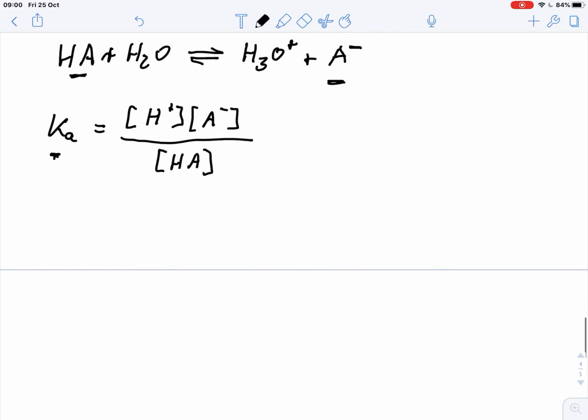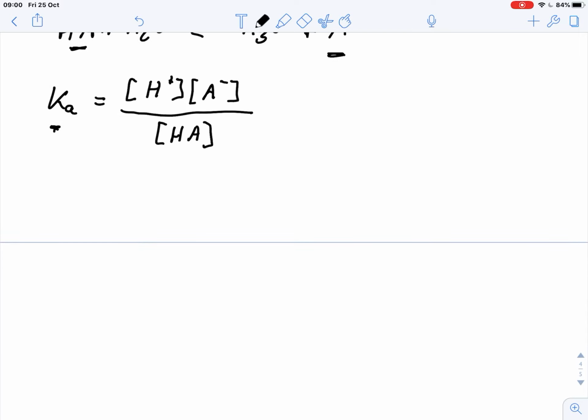Now what we can do is try and figure out what our proton concentration is here, because we need the proton concentration in order to calculate pH. So we would use pH equals negative log, just as a reminder, to the base 10 of the proton concentration.